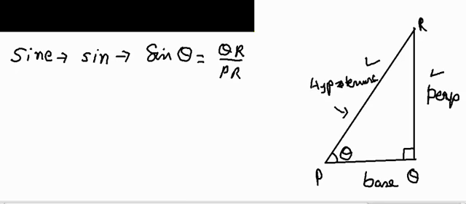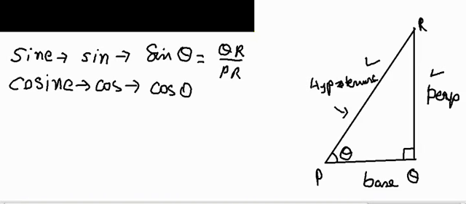A second ratio after sine theta is known as cosine. Let's write first what is cosine: COSINE. In short, it is written as cos, and cos theta will be a ratio between the base, in this case PQ, and the hypotenuse PR.